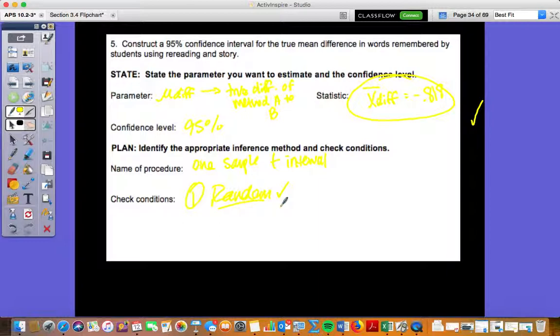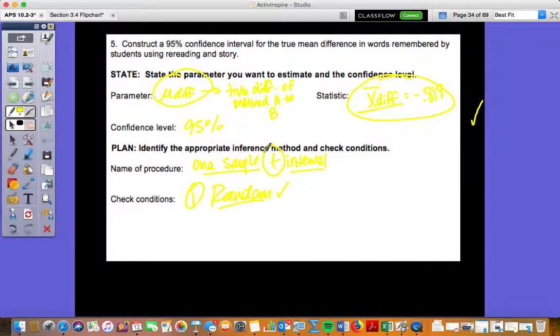We're only going to take mu difference, and use the mean of the sample difference. Because of that, we only have one sample. We're going to do an interval, and since we're talking about the mean, we use our T. Matched pairs is just a way to find the difference, and now we're testing to see if the difference is correct.